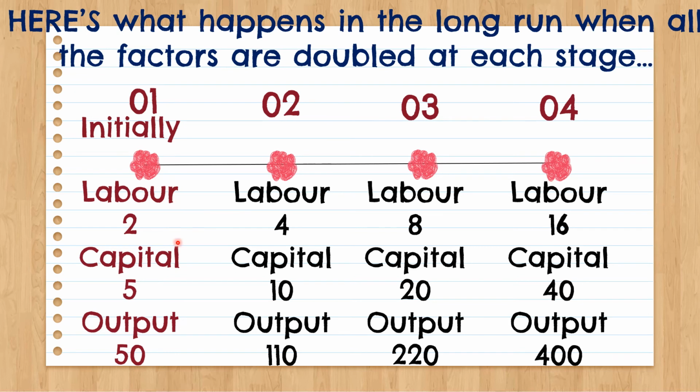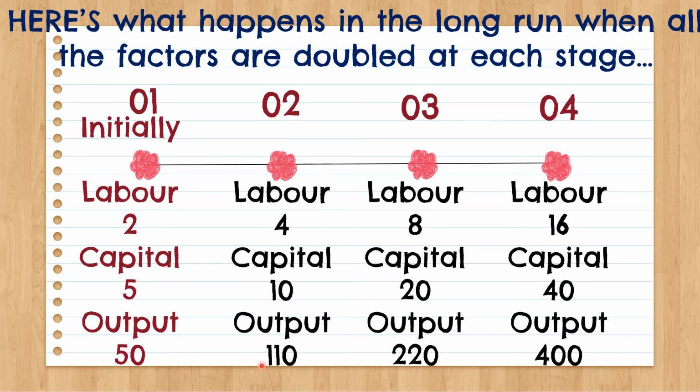So initially, we begin like this. In the first instance, we have 2 units of labor, 5 units of capital, and together they produce 50 units of output. Now let us begin. In the first stage, the inputs are doubled. 2 units of labor becomes 4 units of labor, 5 units of capital becomes 10 units of capital. We would expect that the output doubles because we have doubled the inputs.